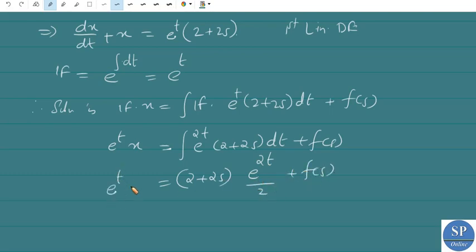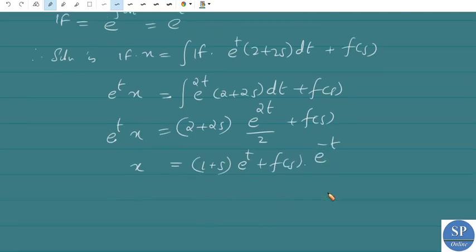So e power t into x equal to this. Dividing by 2 here, we get 1 plus s into e power 2t, and dividing by e power t, we get x equal to 1 plus s into e power t plus f of s into e power minus t, right? So this is x now. Now applying the initial conditions.